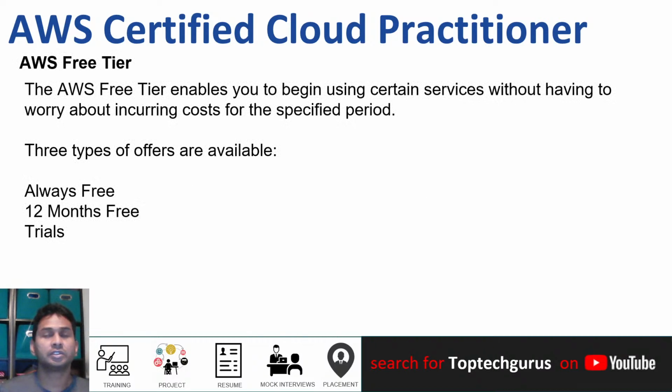The next is not a tool, but it is an offer provided by AWS. They have something called a free tier, within which they have 3 options available. One is always free. Certain services like Lambda, 1 million transactions a month, can be free every month of the year.